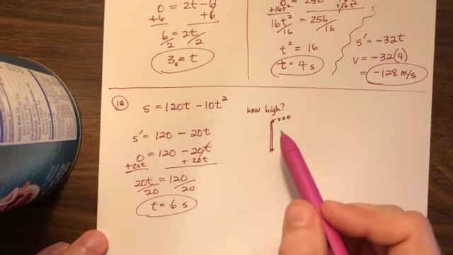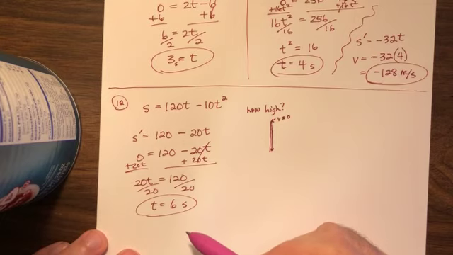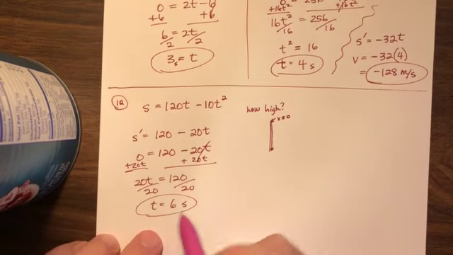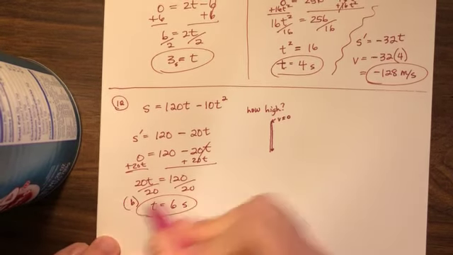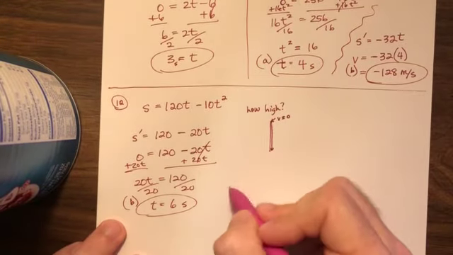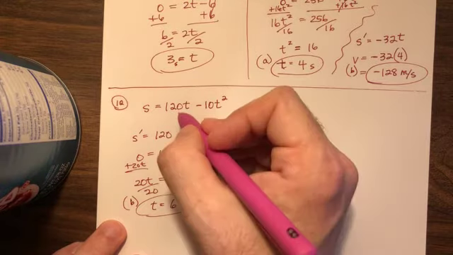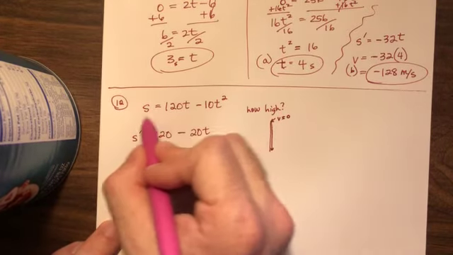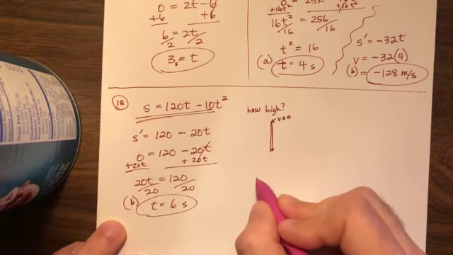But that's not the first question. That was the second question. It says, how long does it take the rock to reach its highest point? Well, there's part 2. Up here, this is A, and this is B. But what I want to know is how high. So I know the time it takes to get to a certain height, but that height can be found with this formula.